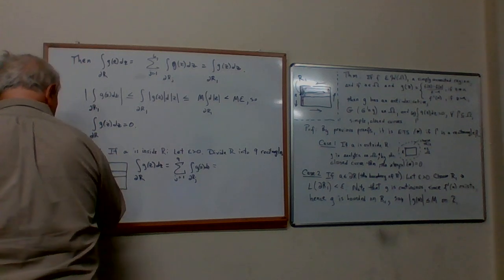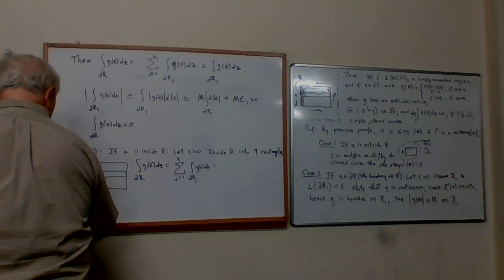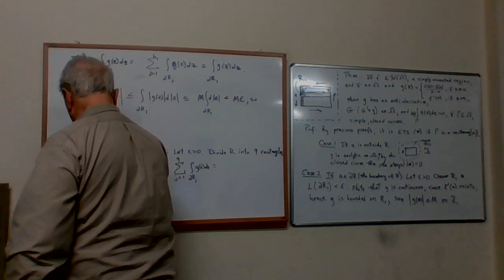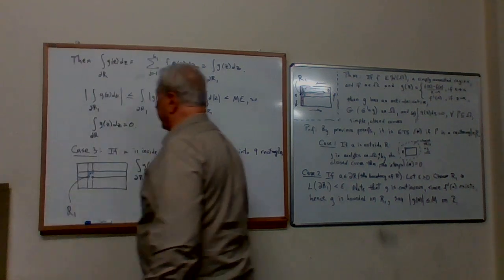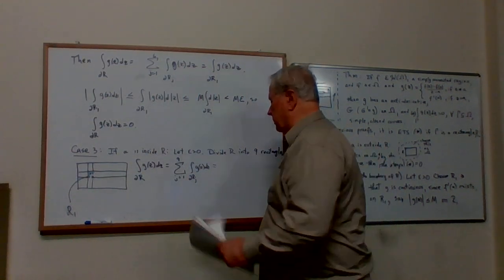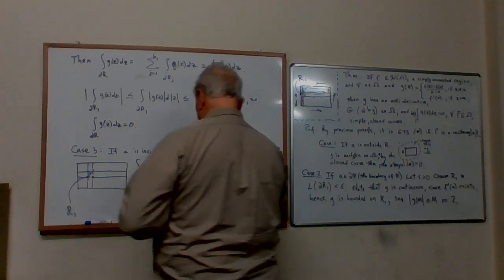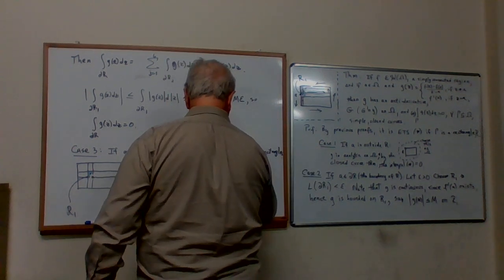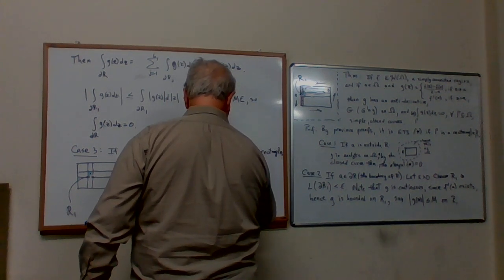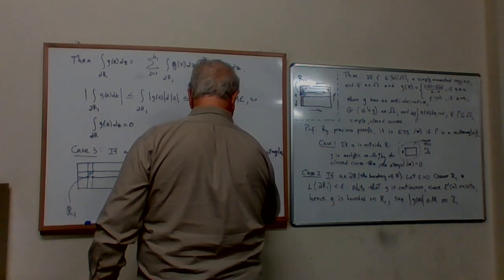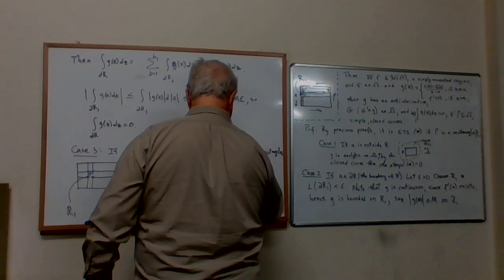And once again, we're going to call that rectangle R1. So the only one that counts is the integral over the boundary of R1 of g of z dz.